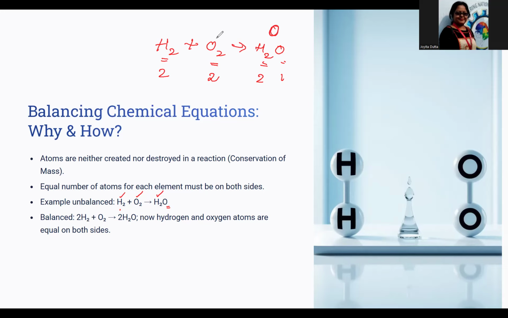To increase the number of oxygen, I will multiply this with 2. So what happens for hydrogen here? This will become 4, and this will become 2. So hydrogen has become 4 now, so there will be 2 here. 2H2 plus O2 gives 2H2O. So this is known as a balanced equation. Alright, this is how I go about balancing an equation.